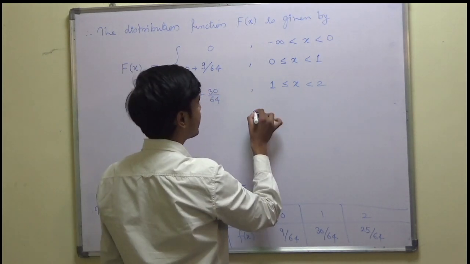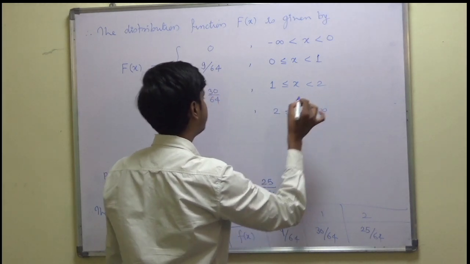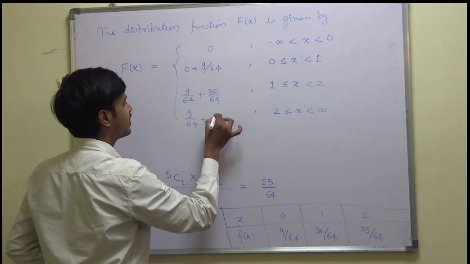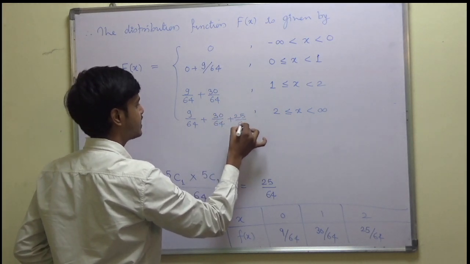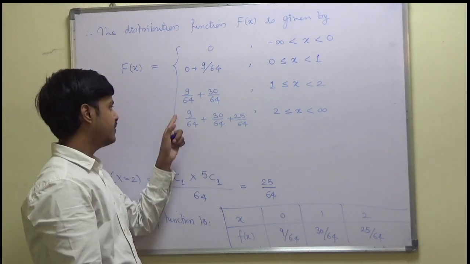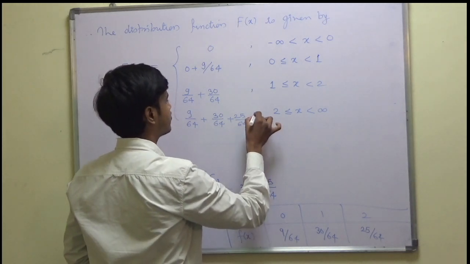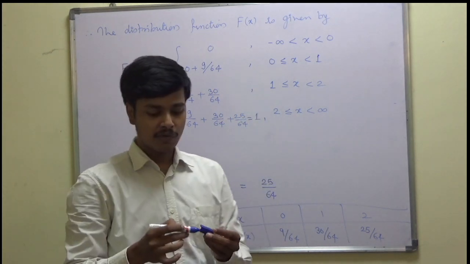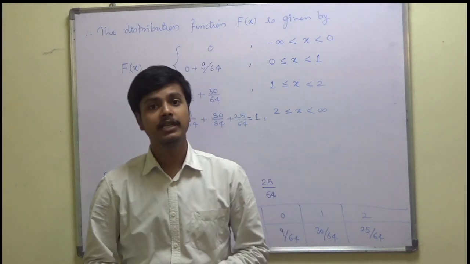And at last for 2 less than or equal to x less than infinity we have 9 by 64 plus 30 by 64 plus 25 by 64. So 30 plus 25 is 55, plus 9 is 64, 64 by 64, that is 1. Okay, so this is the required distribution function for the problem with replacement.